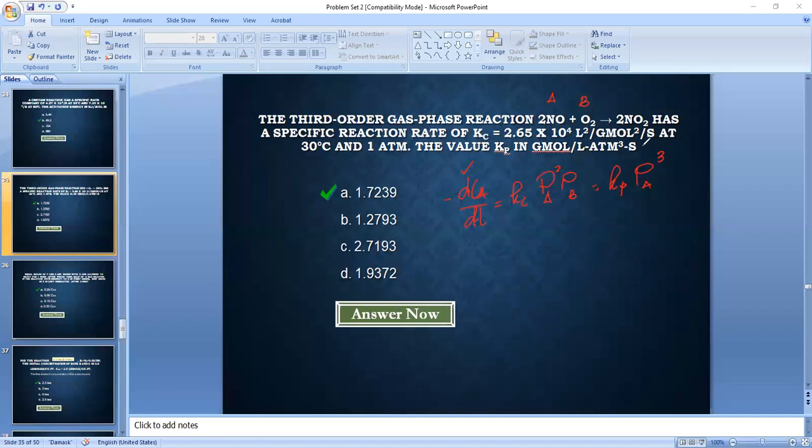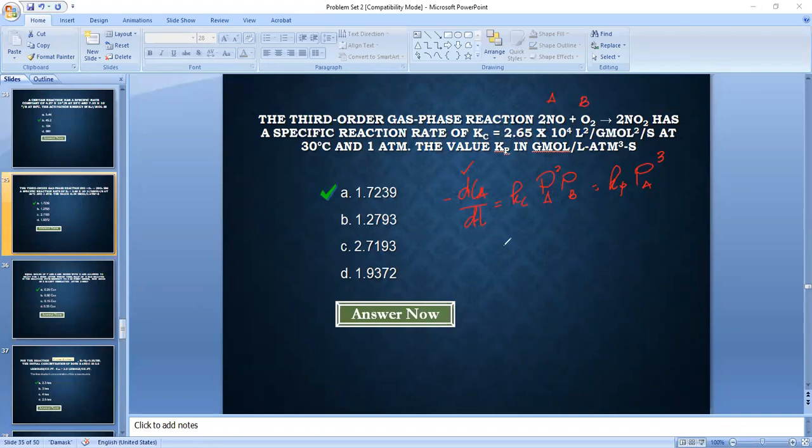Now, if you recall our discussion on conversion of K sub C and K sub P, we have a conversion that happens on both sides of the equation. We convert the concentration in terms of partial pressure, and we convert the K sub C in terms of K sub P. In this case, class, it's different.